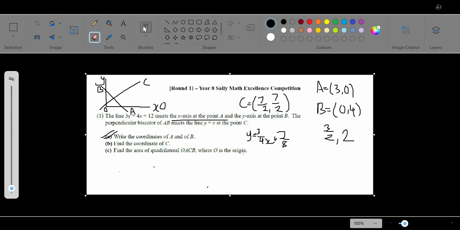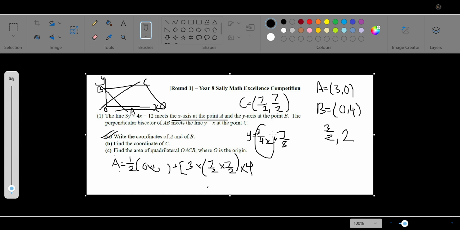So after you have found these, you can now find the quadrilateral, which is BACO. It forms something like this. The quadrilateral part is quite confusing. So area equals 1 over 2. Okay, bear with me. So 0 times 0. Over here, these are the coordinates of C. You have to put 3 times 7 over 2, times 7 over 2, then times 4 here because of this, and then bracket it.